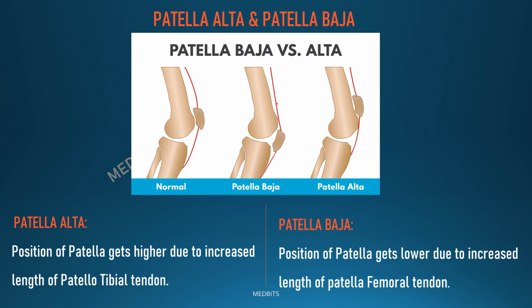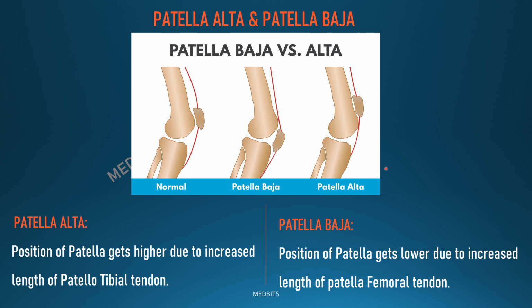Patella alta and patella baja. This is an important topic and they are very easy to learn. So let's begin. Patella alta: the position of the patella gets higher due to increased length of the patellar tendon. As you can see here, in patella alta it settles high on the distal part of the femur, just above the distal part.